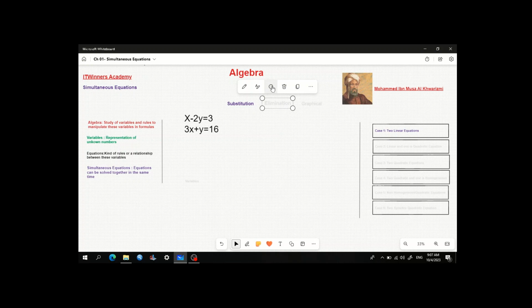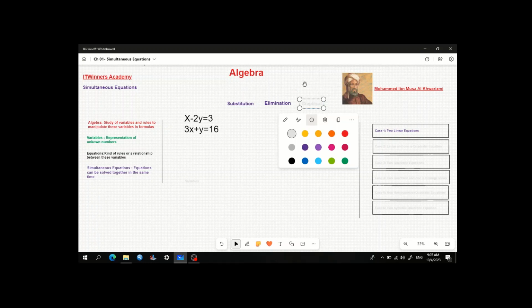The second is elimination, by eliminating one of these two variables in one of these equations. And third is the graphical solution.